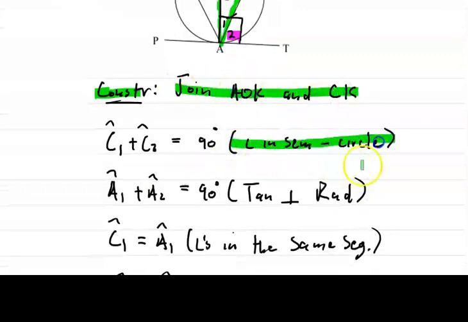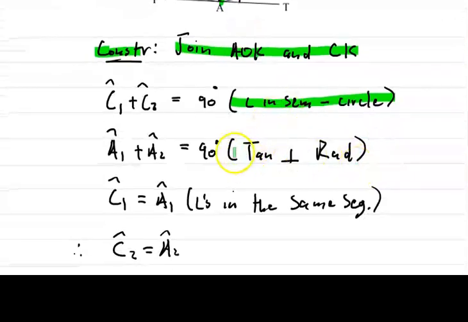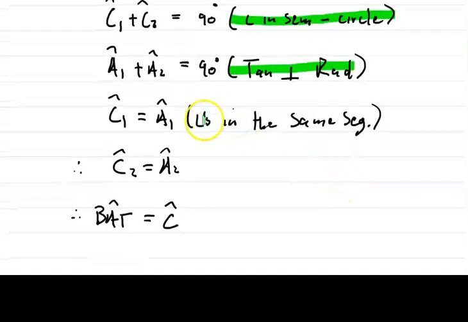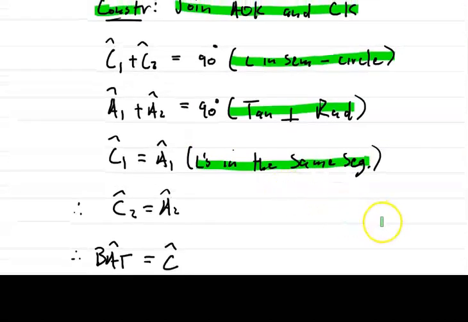Learn the reasons used in the proof: angle in semicircle, tangent perpendicular to radius, and angles in the same segment. And if you do that, you will be able to prove the theorem.